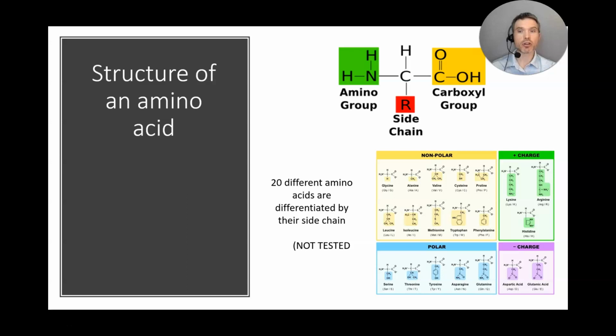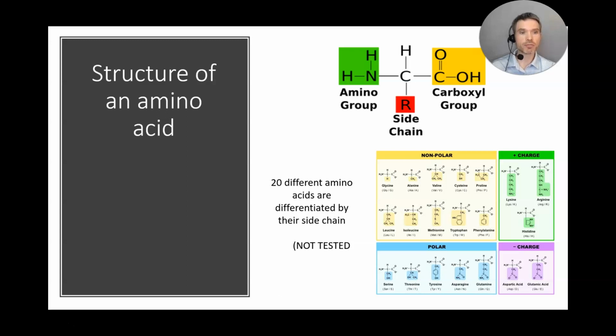The next macromolecule that we are going to examine is the structure of the amino acid. An amino acid has an amine group and a carboxyl group. It also has the side chain. There are 20 different amino acids, and these are differentiated by the different R groups. The side chains have a variety of biochemical properties.